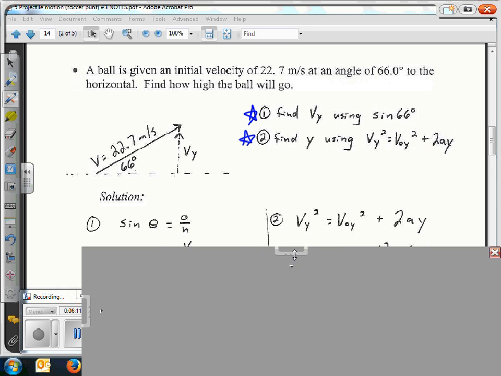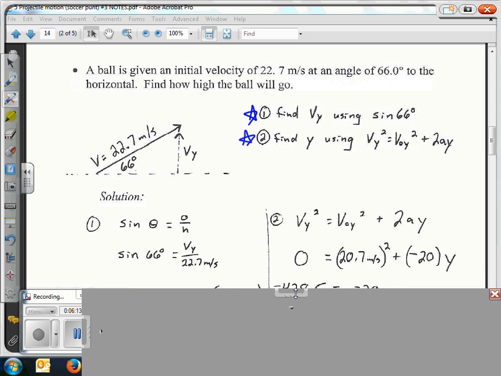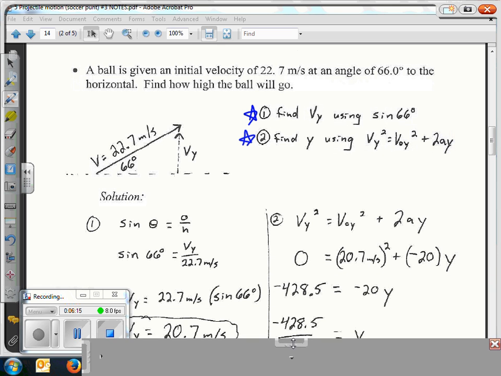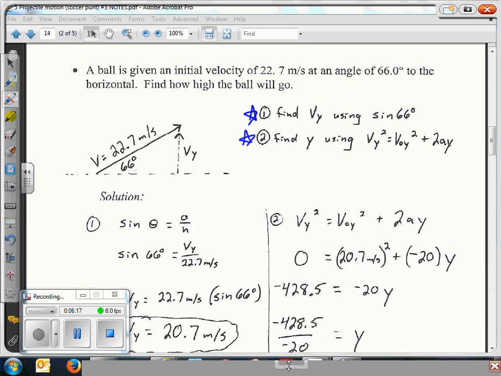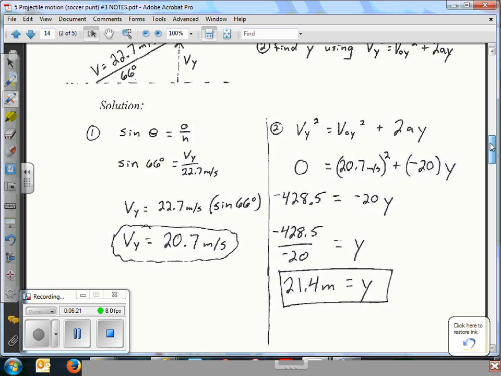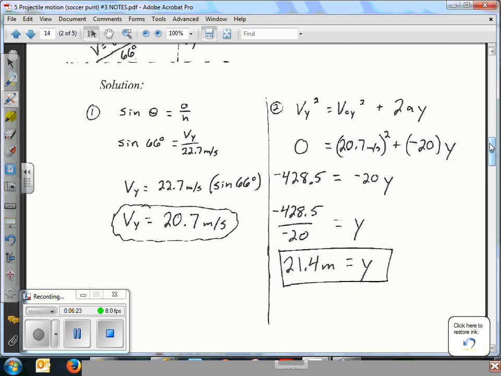So this is the math, and we end up with 21.4 meters high. If you have questions on the math, I'll let you look it over.